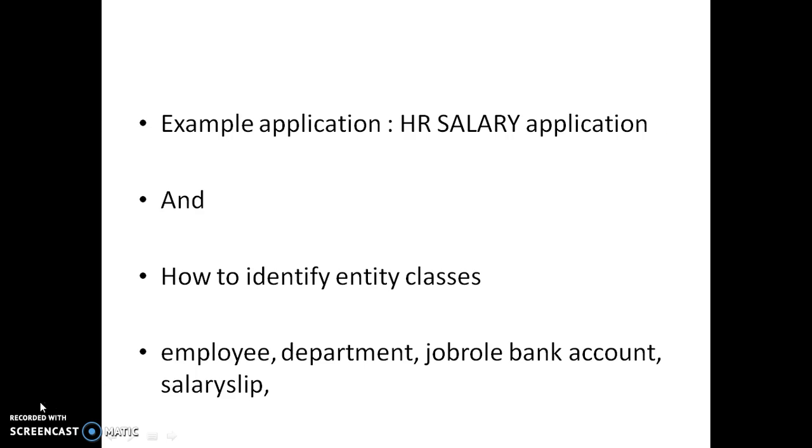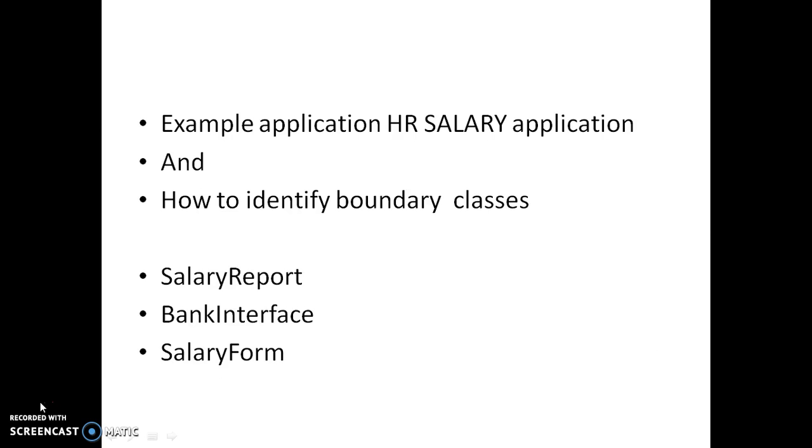In a salary application for an employee in an HR application scenario, the entity classes would be the employee, the department, the job role, the bank account, the salary slip. This would all be entity classes.